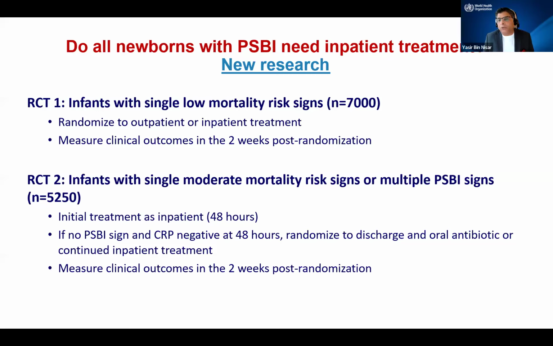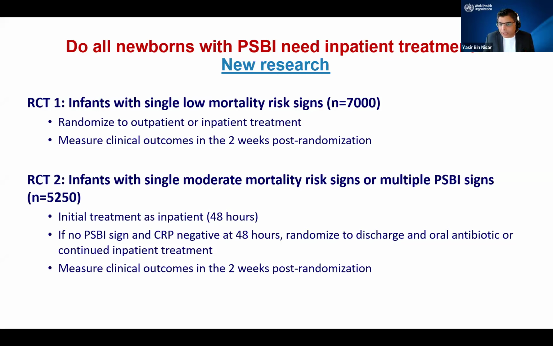Once started, we say to complete the course for 7 days. So in the second trial, for those with a moderate mortality risk sign, which have on average 4% mortality, we admit all these infants in the hospital and start empirical ampicillin and gentamicin for 2 days. After 2 days, we reassess them.